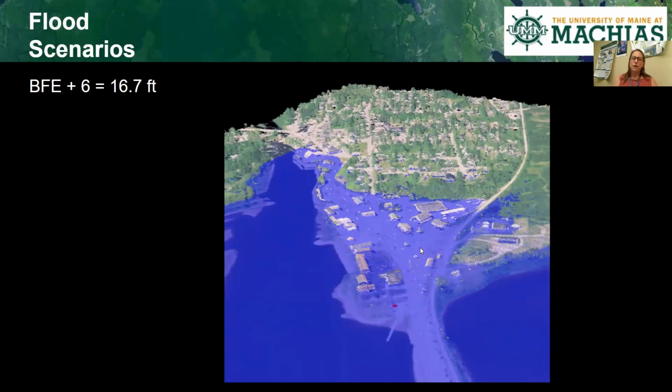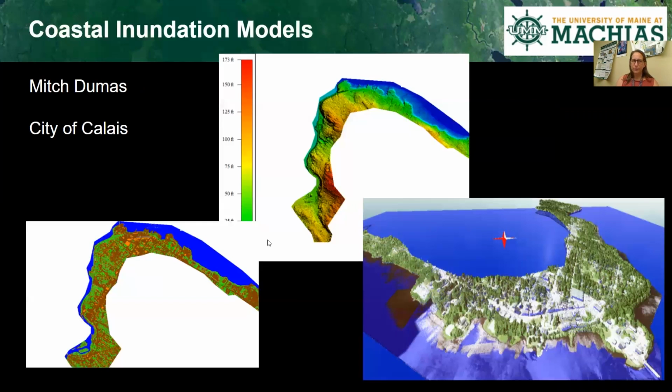And so the town of Machias has been using this information and these visualizations to make some decisions about how they're going to harden the shore, raise the dike, and protect the wastewater treatment plant here. And so this has been a really crucial piece.